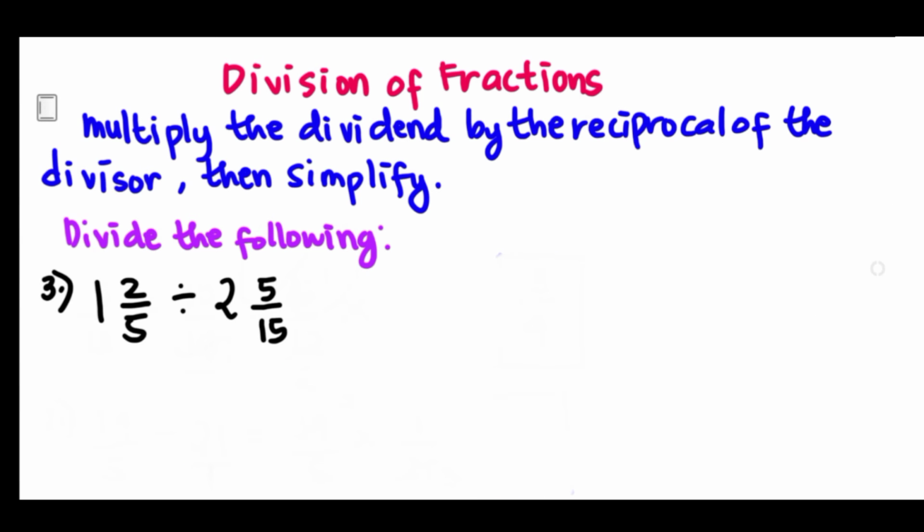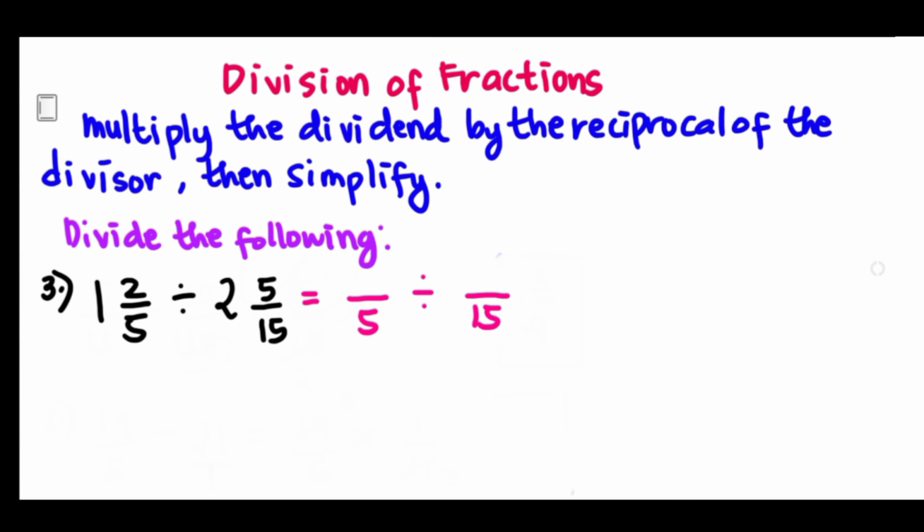So, let's have example number 3. So, here, we will divide mixed numbers. So, before doing that, gawin po muna natin improper fractions. So, kopyahin ko na si 5. Tapos yung kabila naman is 15 naman yung denominator. So, yung numerator na lang yung kailangan natin.